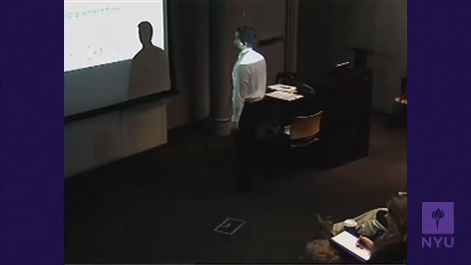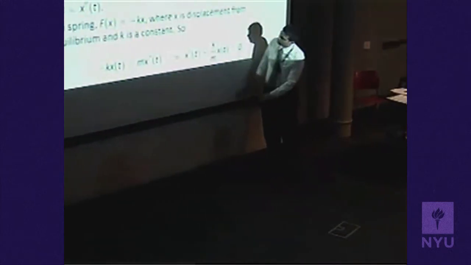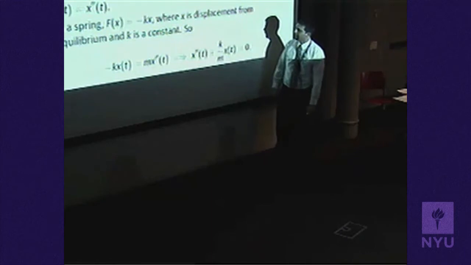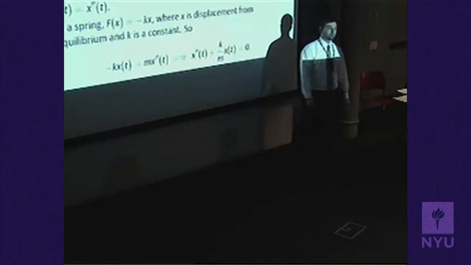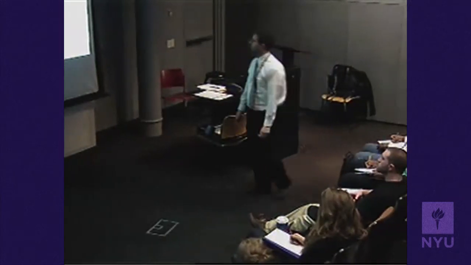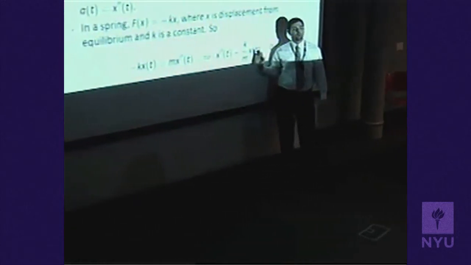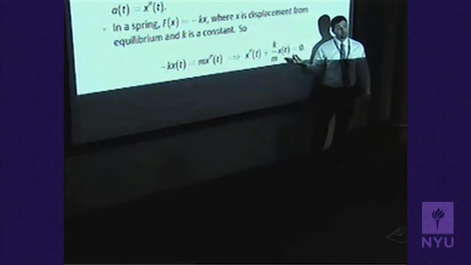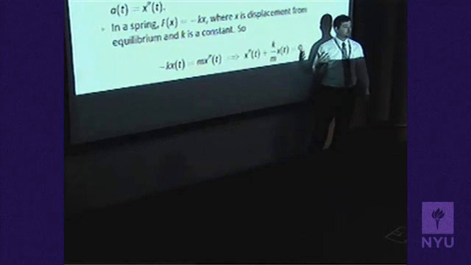Okay, you can play around with that and write it in this sort of standard form, x double prime of t plus a constant k divided by m, x of t equals 0. Okay? Looks like a very complicated equation. To simplify things, let's think about this constant here, k divided by m. What if that were just 1? Then we're looking for a function whose second derivative is the opposite of that function.